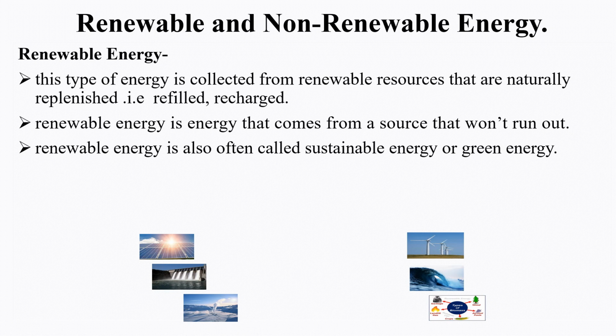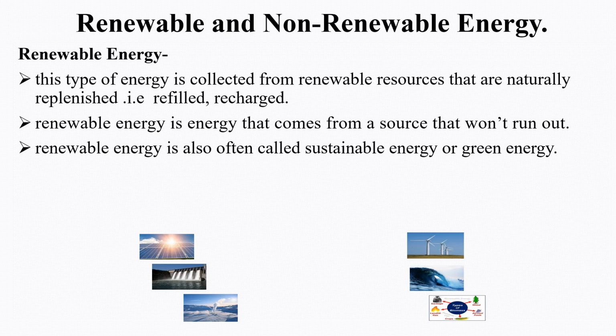As in my introduction in the first slide, types of renewable energy include solar, wind, geothermal, and tidal, but the most important ones we find around us are solar, wind, and hydro. Those are the most common ones that we find around. And renewable energy is energy that comes from a source that won't run out.